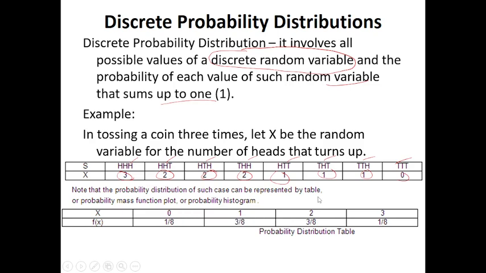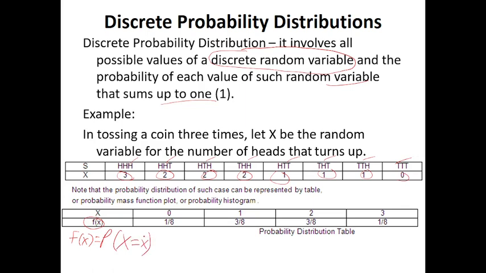Okay, so here's the probability distribution table. As you notice, we have here the random variable and the probability of that random variable equal to a certain value, denoted by f of x. So f of x is equal to the probability that the random variable x is equal to a certain value x.